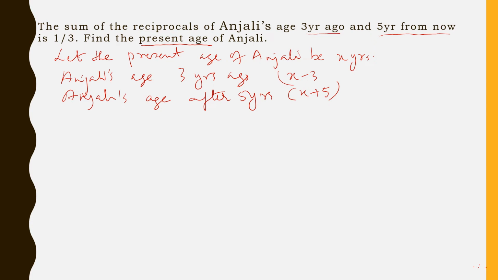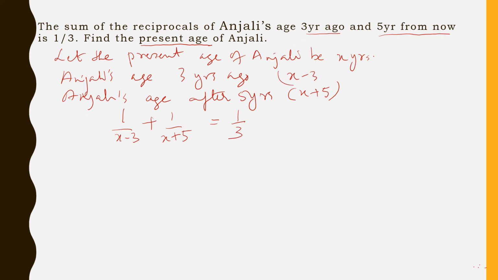Now, sum of the reciprocals of Anjali's age 3 years ago and 5 years from now. So, x minus 3 and x plus 5, we have to take the reciprocals. That is, we have to take 1 by x minus 3 and also 1 by x plus 5 and then take the sum. And they say that that is equal to 1 by 3.